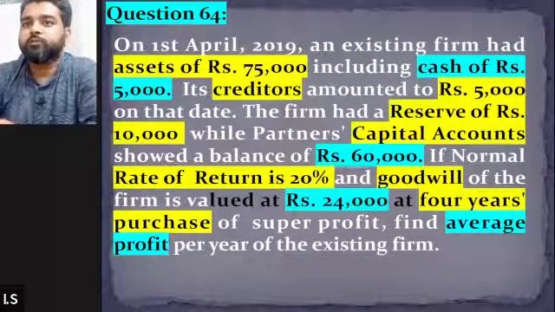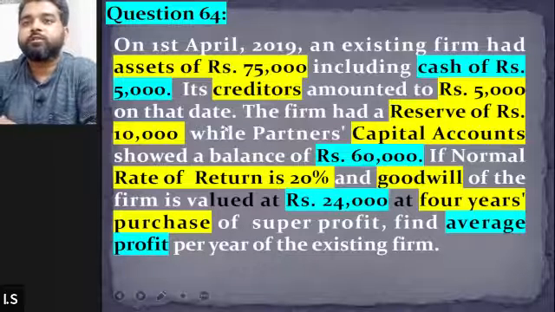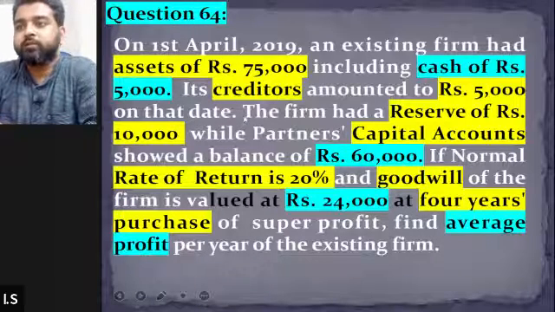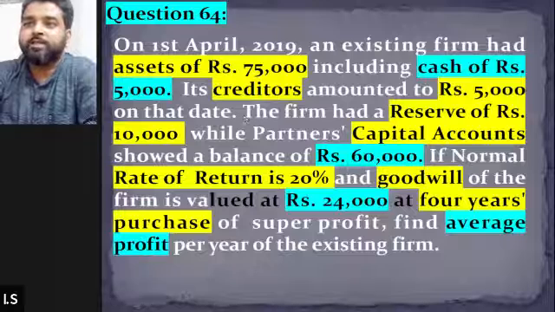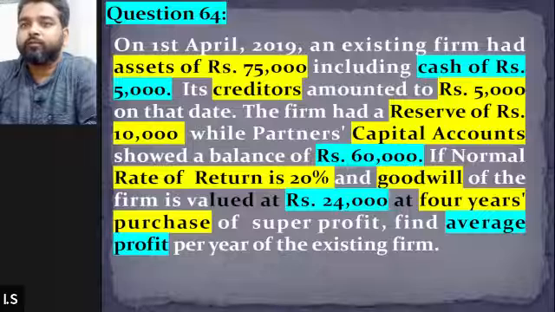Done? Done. All right, so I'm going to solve question number 64 with you. Okay, let's read this question. Question number 64. On 1st of April 2019, an existing firm had assets of rupees 75,000, including cash, 5,000. Its creditors amount to 5,000 on that date.